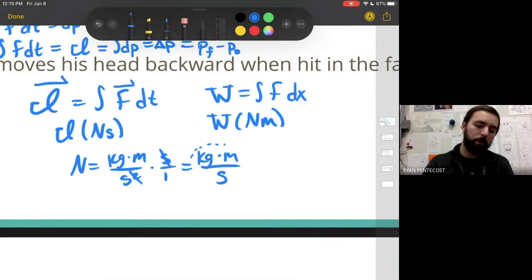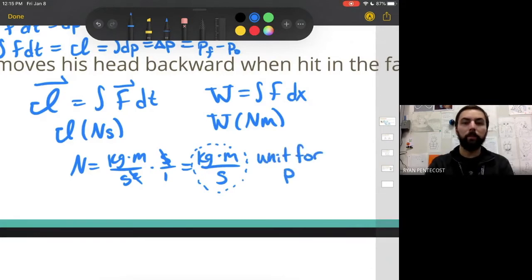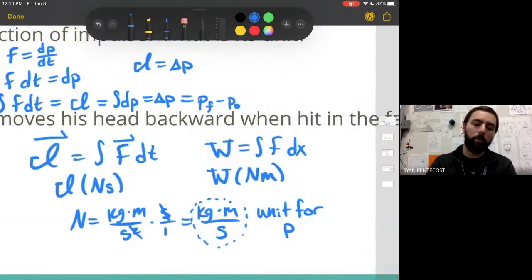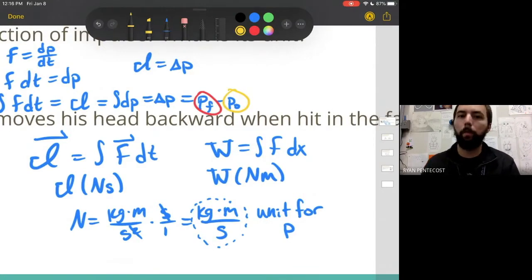And this is also the unit for momentum. So if it's the same unit as momentum, you're really just taking one momentum, subtracting another momentum, and you're just going to get an amount of momentum, which also goes to show that the unit for both is the exact same.